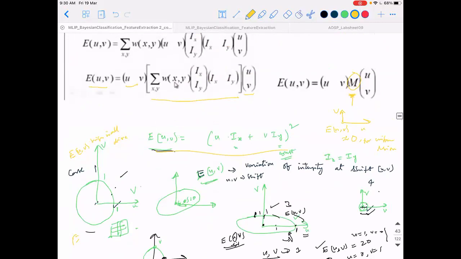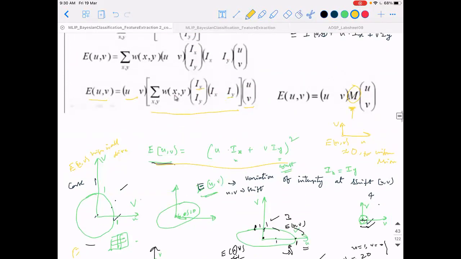And this matrix M can be constituted at any given x, y simply by taking the gradients Ix and Iy. You just take the gradients at that location. If you are at a given pixel, just take Ix, Iy, the x-directional gradient and y-directional gradient. Based on that, you can construct this matrix. W(x,y) is a fixed window.